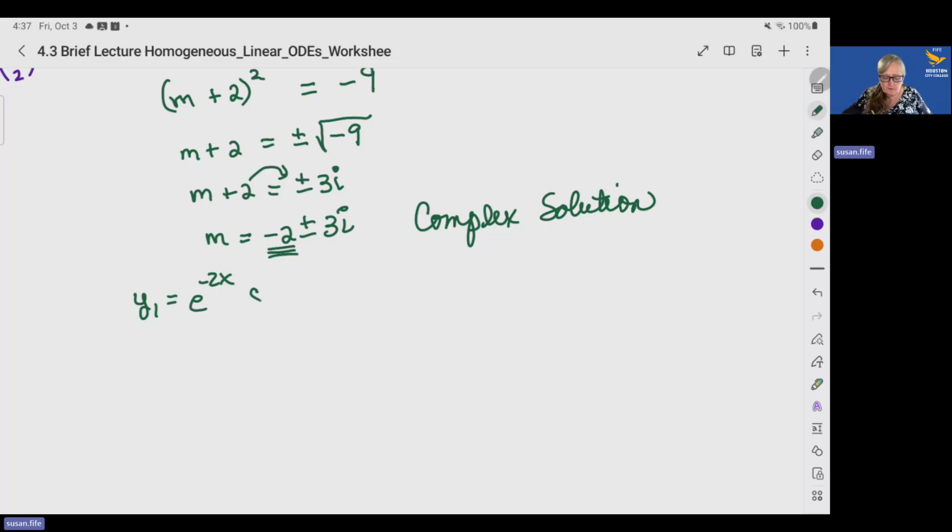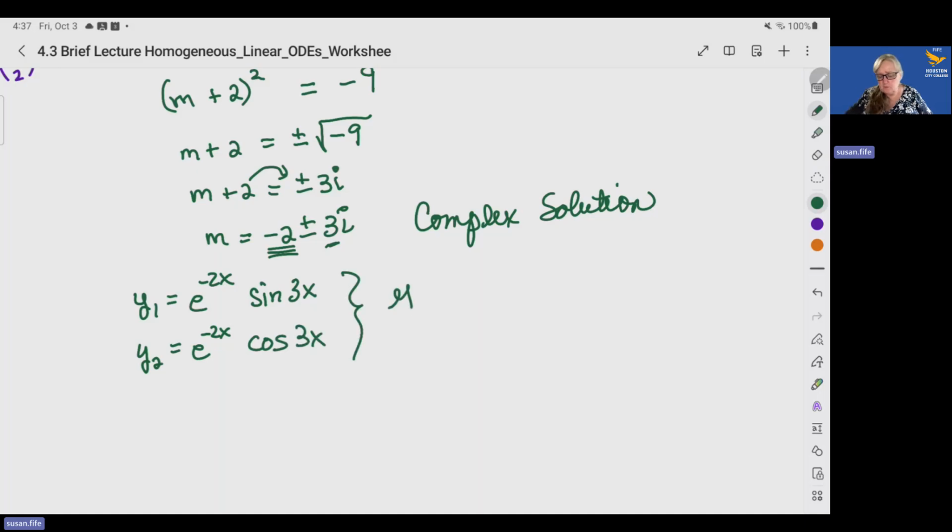So I'm going to start with sine. Then take the imaginary part of the complex solution, 3: y1 is e to the negative 2x sine of 3x. And then y2 is going to be e to the negative 2x cosine 3x.